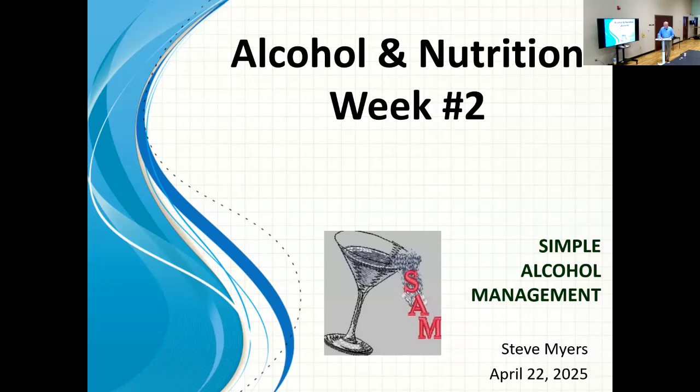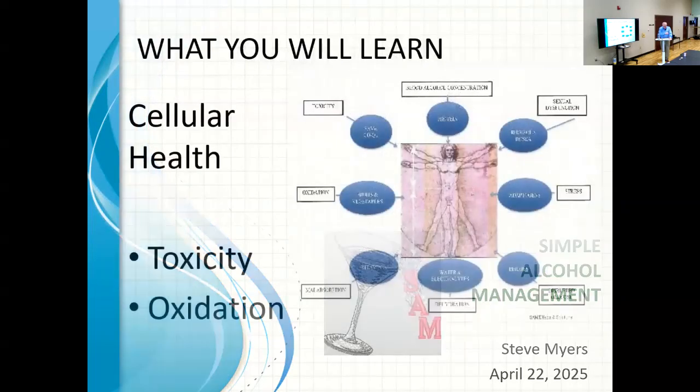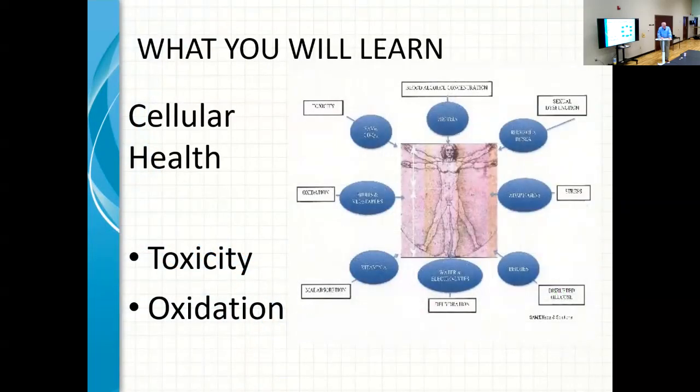It's amazing. Okay, if you take a look at the Leonardo da Vinci poster, the next two elements we're going to talk about are toxicity and oxidation. They're very closely related, and I separated them in the book, but I had to come back and combine them when I finished those two chapters.